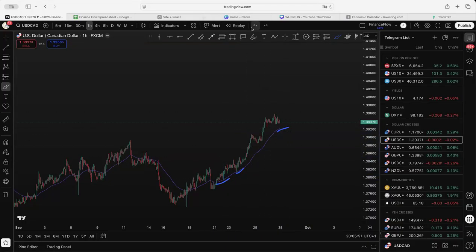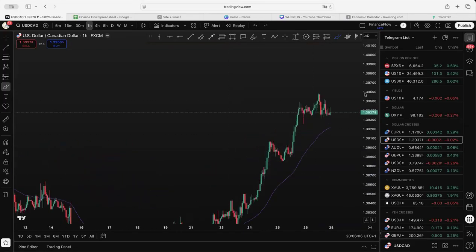However, what you will find is when this candle happens, this EMA won't appear here. It will, and this is where you need to be aware of this.